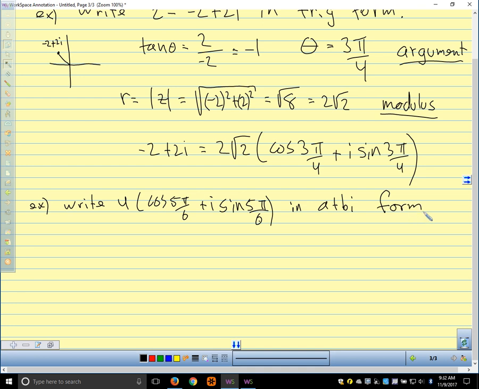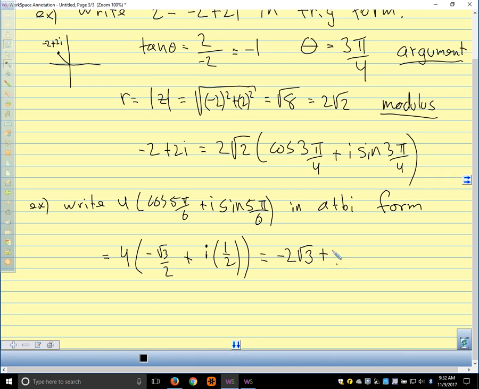Well, what this problem is asking us to do is find these values and distribute that 4. So this is going to equal 4 times, what's the cosine of 5 pi over 6? Negative square root of 3 over 2, plus i times the sine of 5 pi over 6, 1/2. And now I'm going to distribute. So I get negative 2 square root 3 plus 2i.